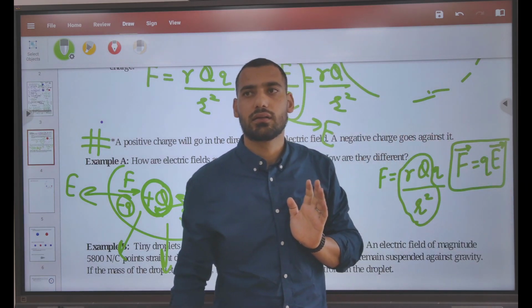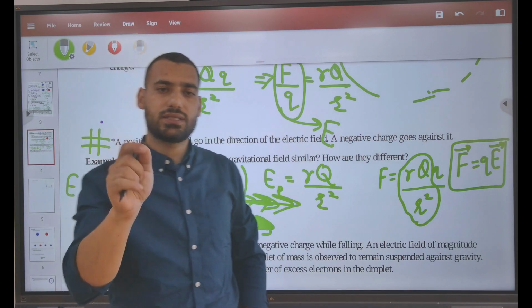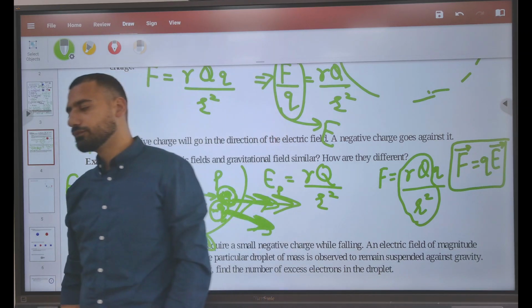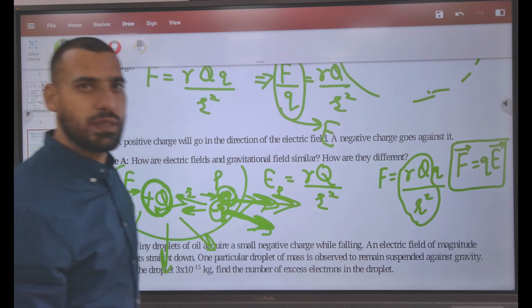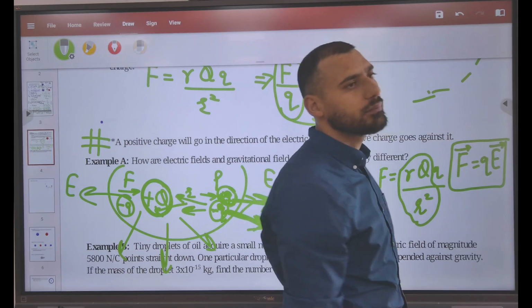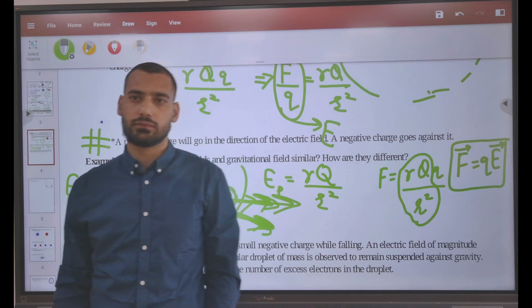Is that clear? Write it down. If a charge is placed inside an electric field, it experiences a force.